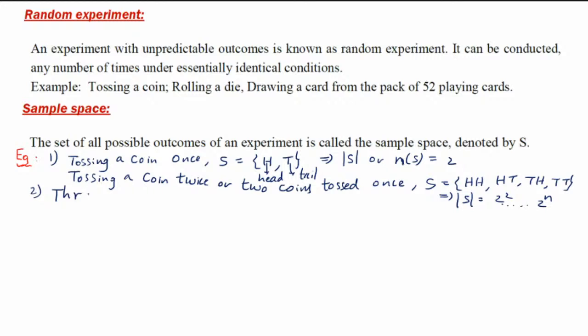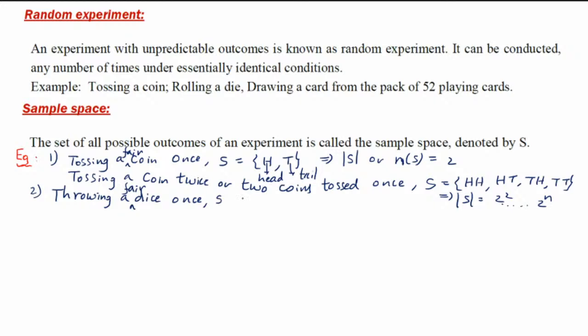Now the second standard example, throwing a dice once. So a cubical dice, this is a fair dice, like fair coins only. So all the outcomes have the same chance. That is the meaning of fair or unbiased coin. There are 6 faces in a cubical dice, each face having 1 dot, or 2 dots, or 3 dots, or 4 dots, or 5 dots, or 6 dots.